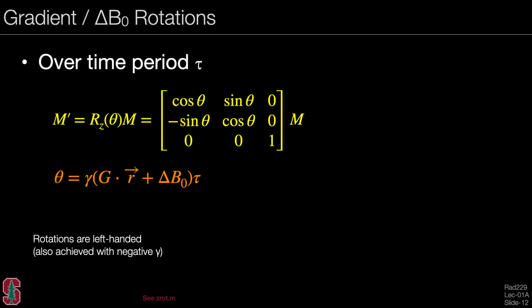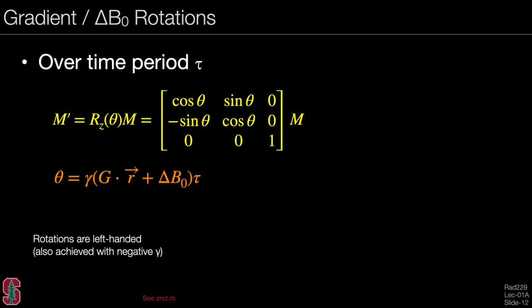So when we have rotations due to a gradient or due to B0 effects, or a change in B0, which could be induced by off-resonance, again we have a rotation matrix, and this time it's about the Mz axis. So now you see the 1 is in the bottom right of this matrix, and the zeros are along the same row and the same column. And again you have cosines and sines here.